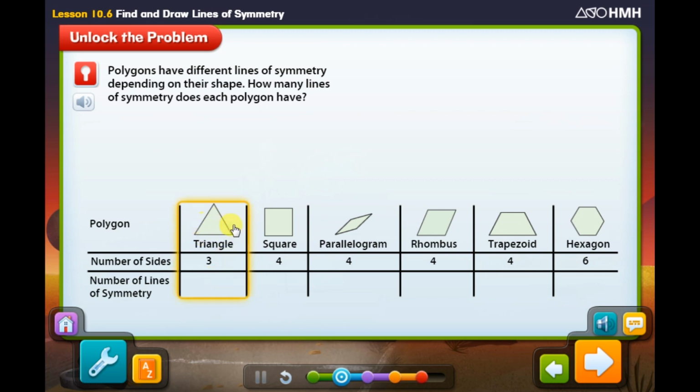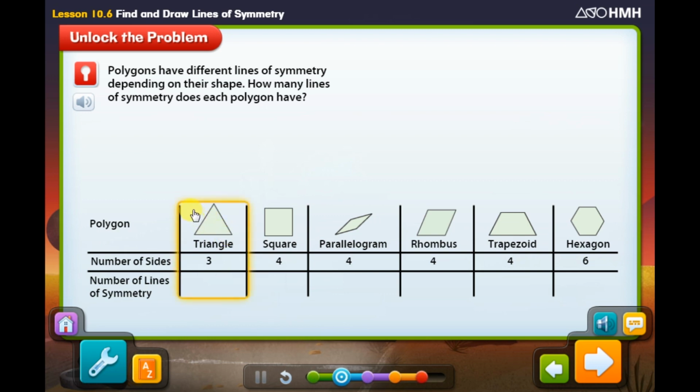Because it has 3 equal sides and 3 equal angles. So in this case, how many lines of symmetry are there? Can you imagine a line of symmetry here, a diagonal one? Will it fold it into exactly matching parts? Yes. Can you imagine another one here from this vertex to the base?